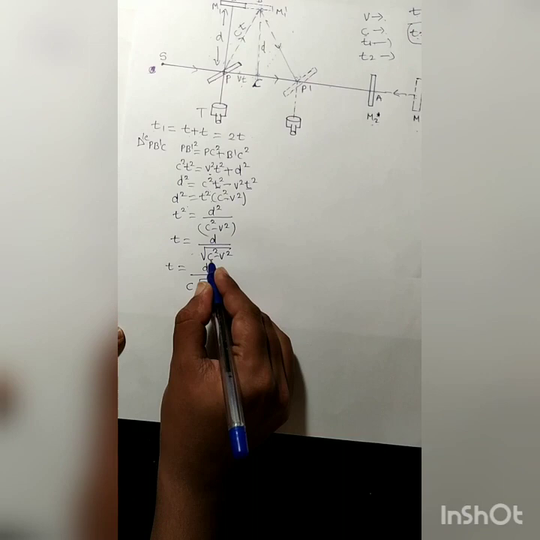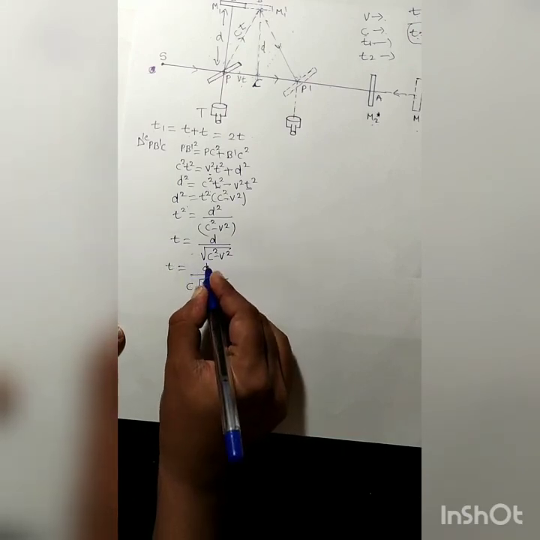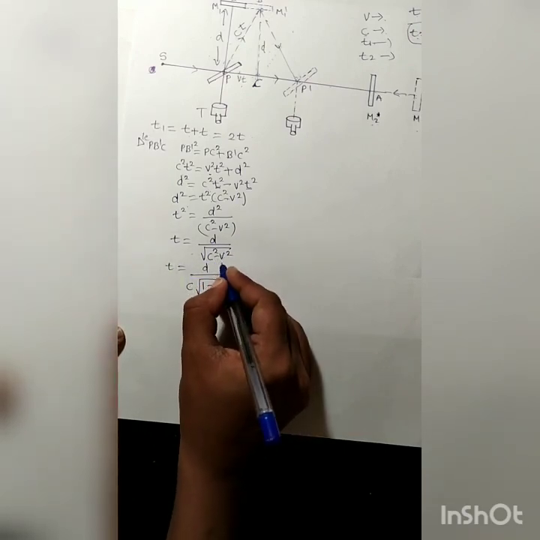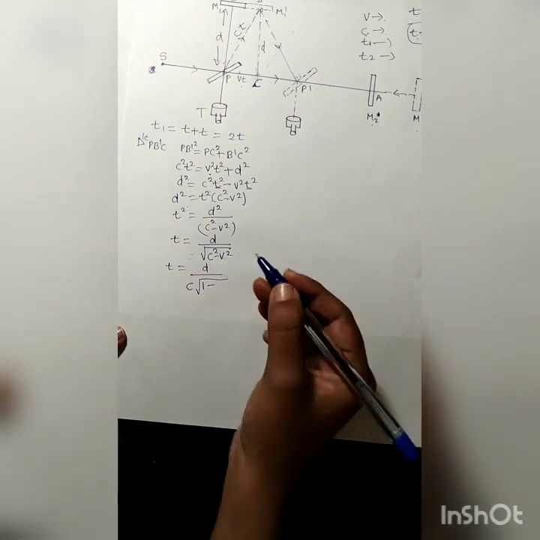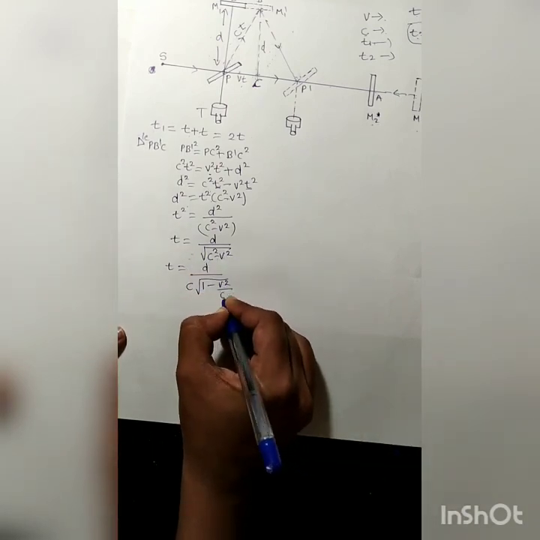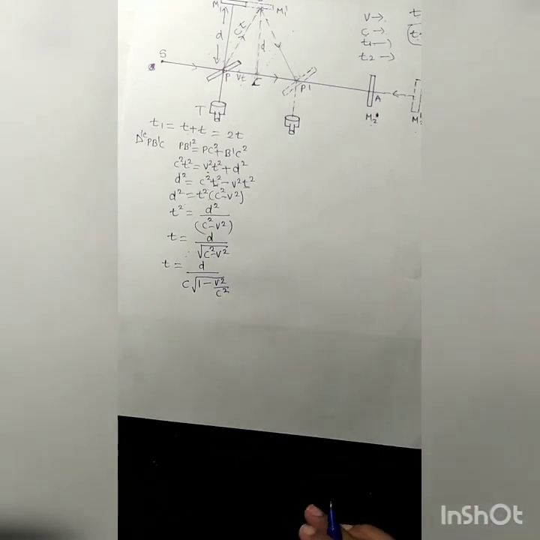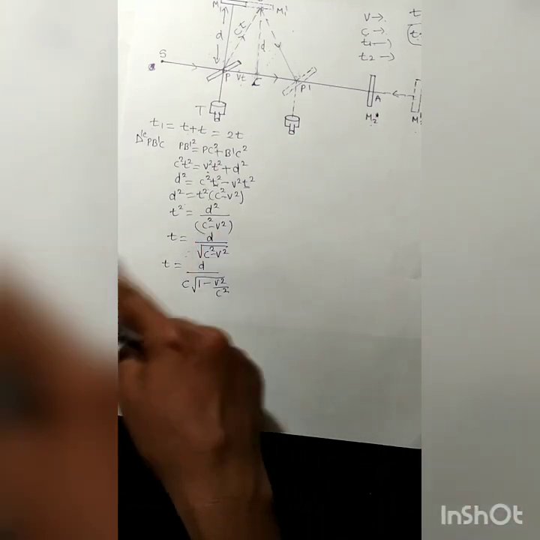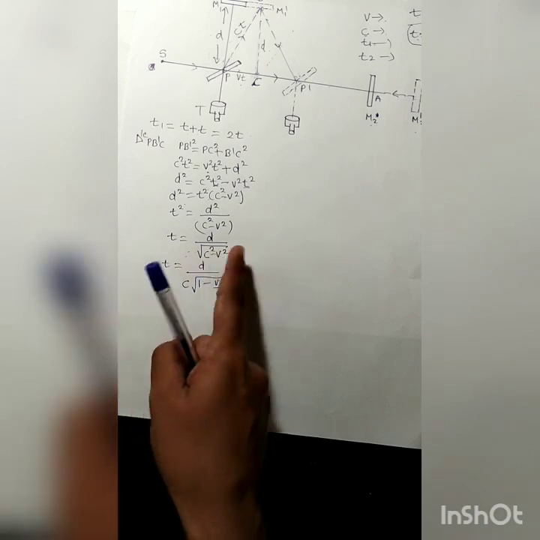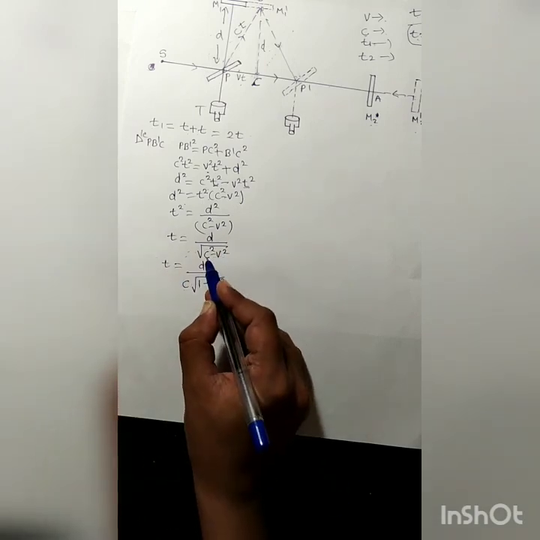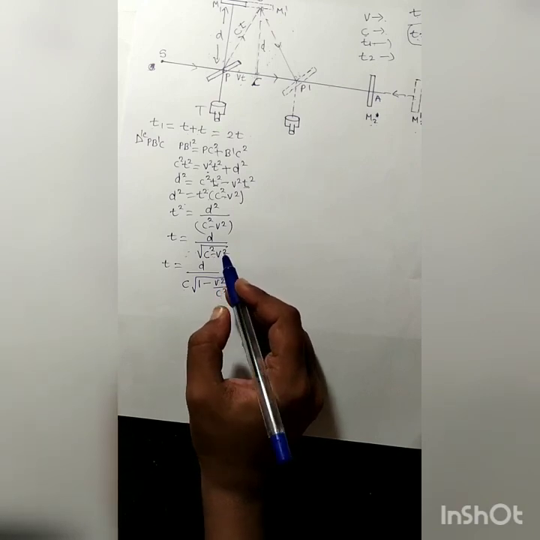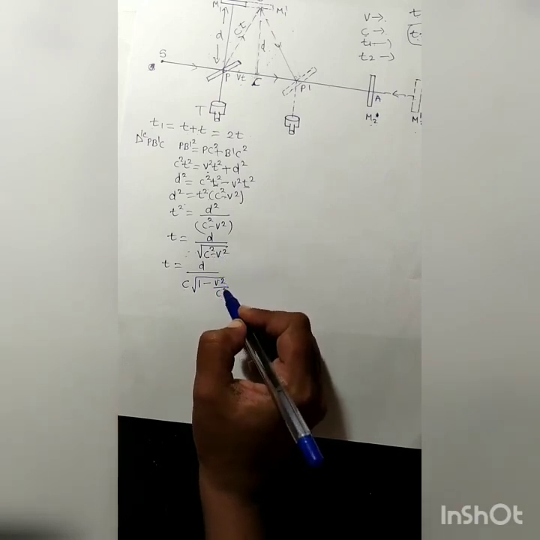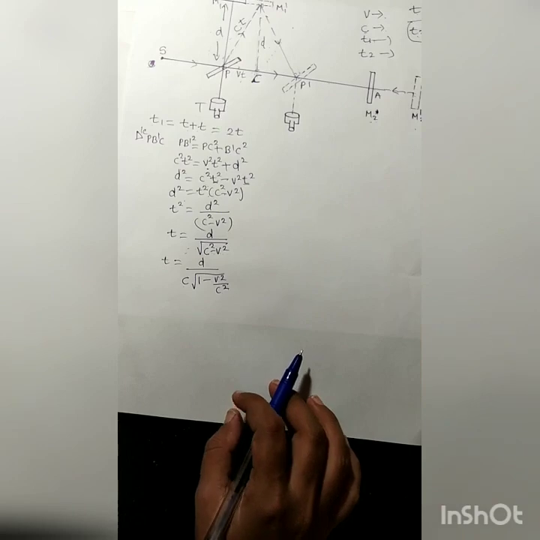Inside the bracket, since we have taken c square outside, 1 is remaining here, and minus v square divided by c square we will get, isn't it? So taking c square common from the square root, it becomes c. Here 1 will remain, and minus v square divided by c square. So finally we got the t value.